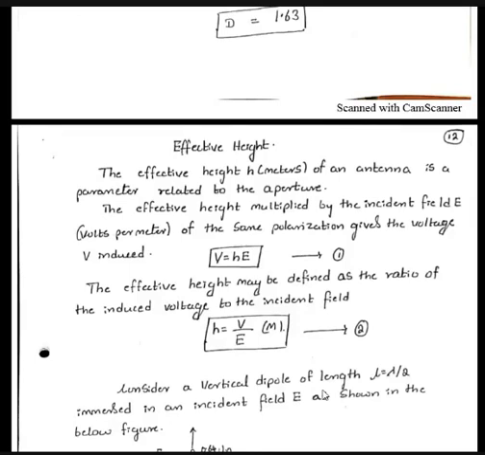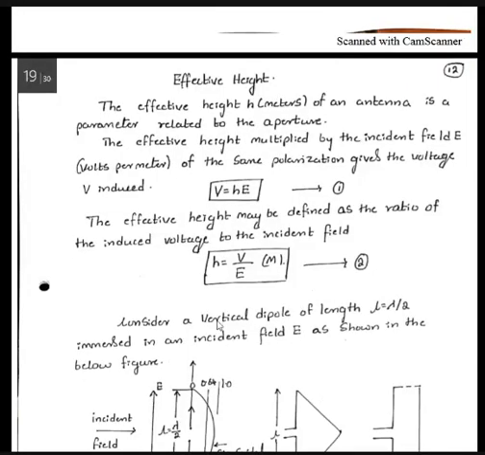So considering equation number one, we can define the effective height as the ratio of the voltage induced to the incident field, in a simpler manner, right? Now let us get on to the next description regarding effective height.